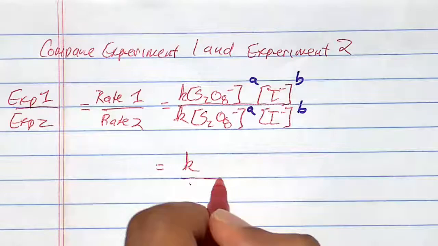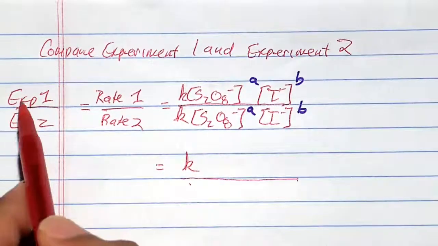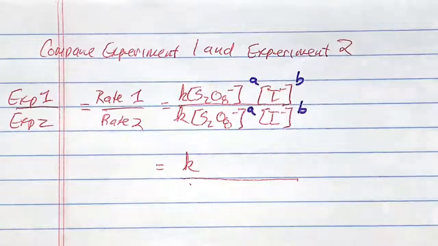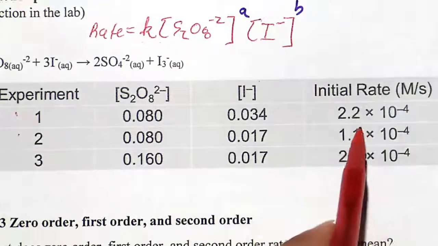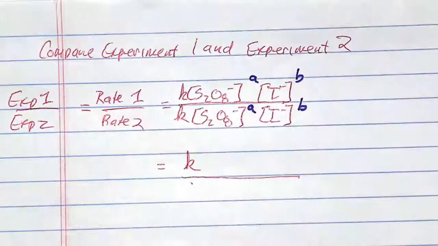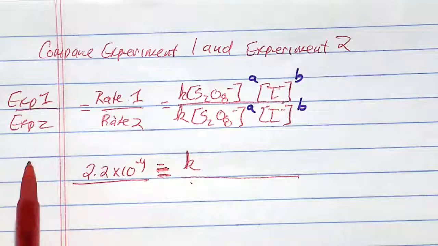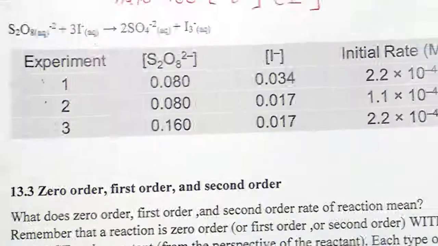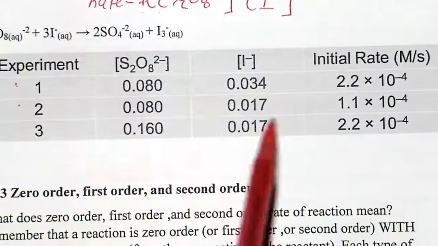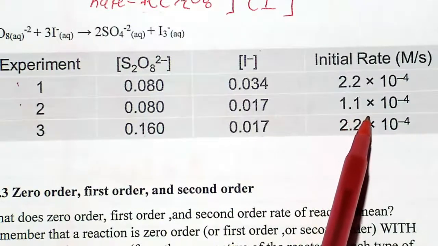For experiment 1, the rate was determined to be 2.2 times 10 to the minus 4, and experiment 2 under these concentrations had a rate of 1.1 times 10 to the minus 4.